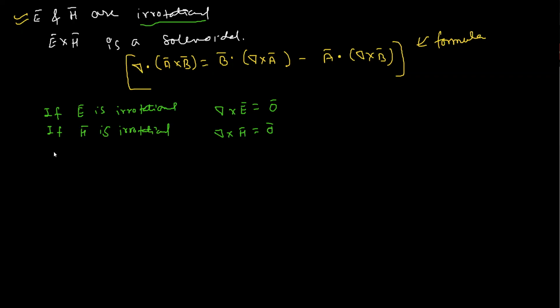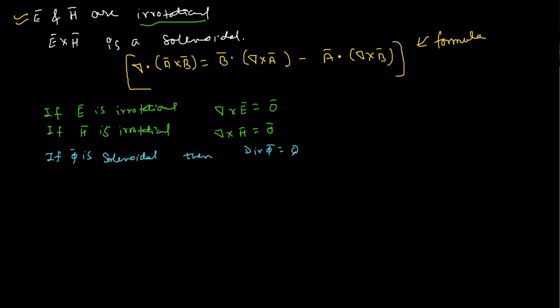And what is solenoidal? Suppose this is a vector. Yes. Solenoidal, how to prove solenoidal? Divergence. Okay. If phi is solenoidal, then divergence phi must be equal to zero vector.